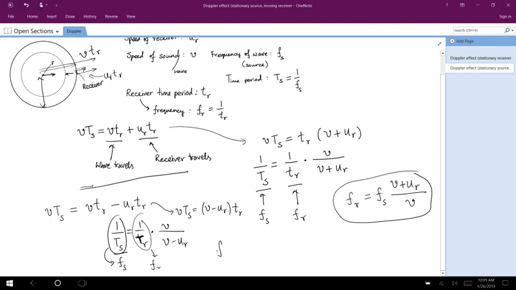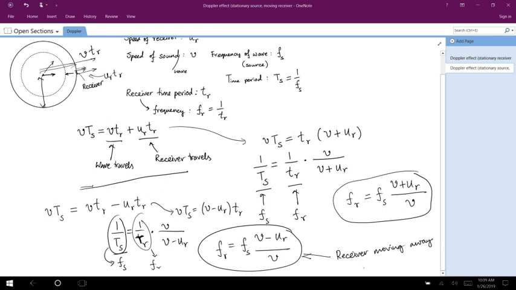So I can get FR is equal to FS multiplied by V minus UR over V. Okay, so we get two formulae. The second one is receiver moving away from source, and the first one is receiver moving toward source.